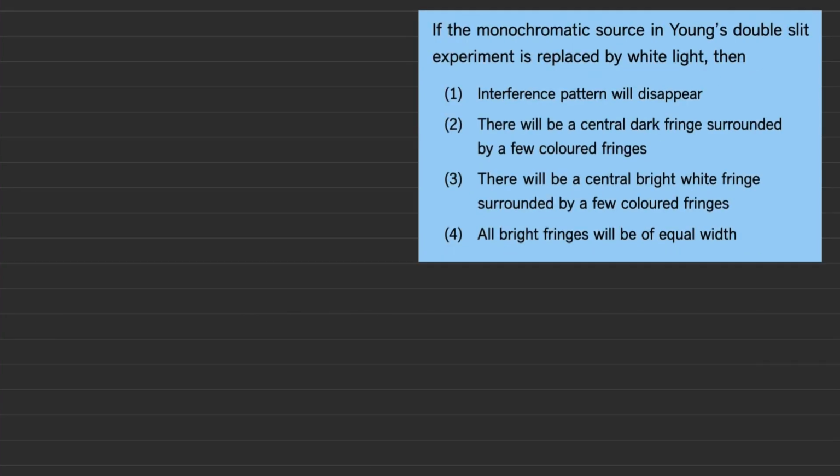Let us go with this question. In this question, they are saying if the monochromatic source in Young's double slit experiment is replaced by white light, then what will happen? So at the center, the path difference will be zero only, right? So at the center you will get one bright white fringe.